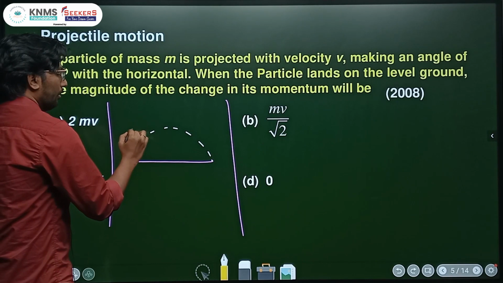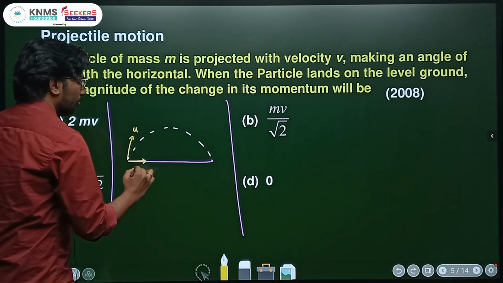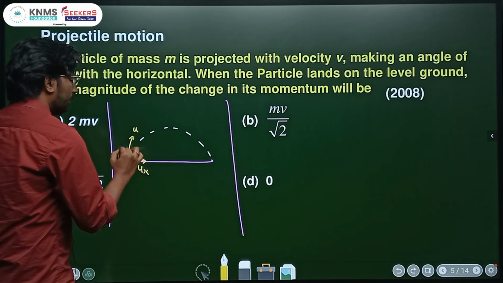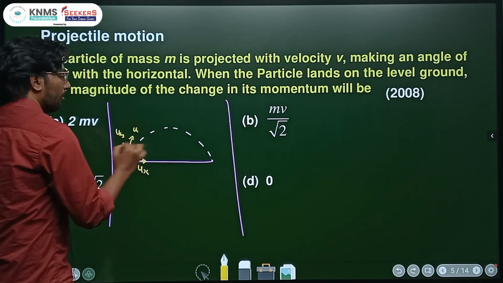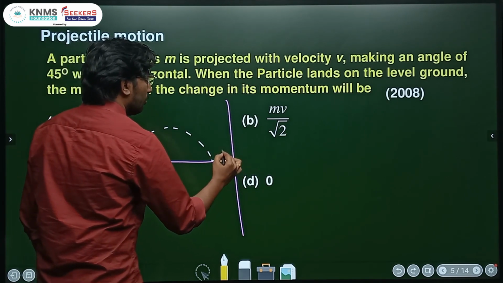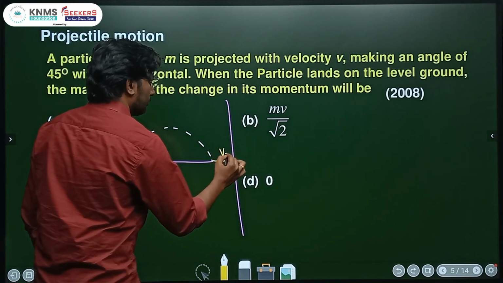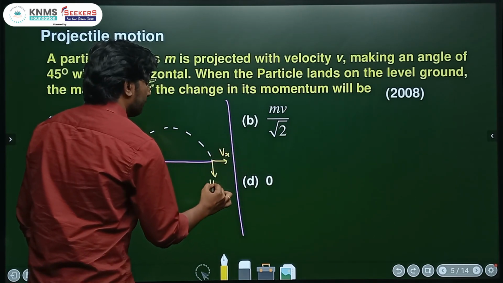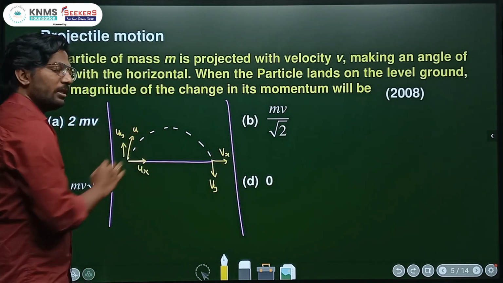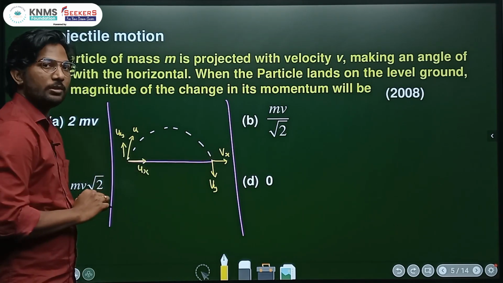The initial velocity splits into two components, ux and uy. When it reaches the bottommost point, there also it splits into two components, vx and vy. Since there is no acceleration along the horizontal direction, the horizontal component of velocity will not change.